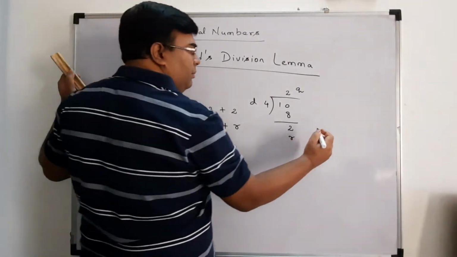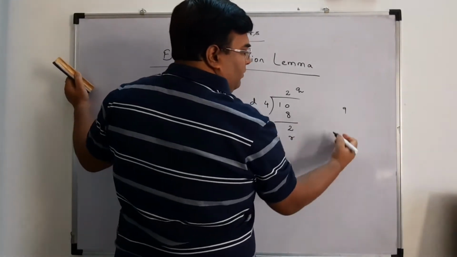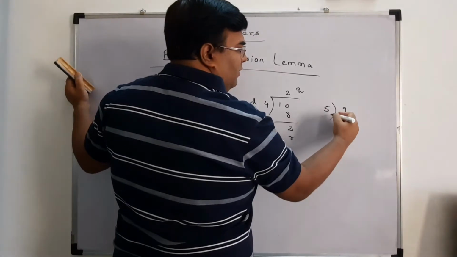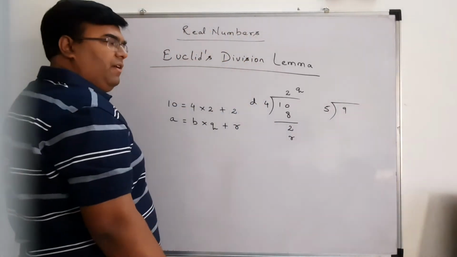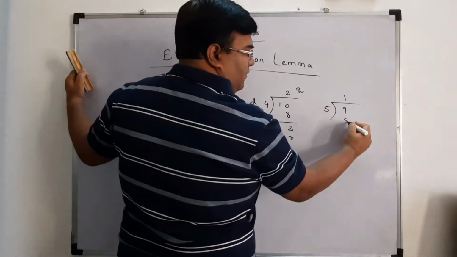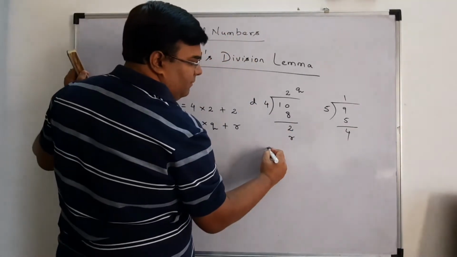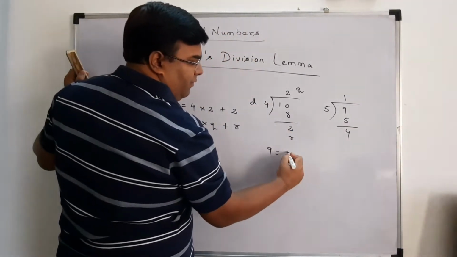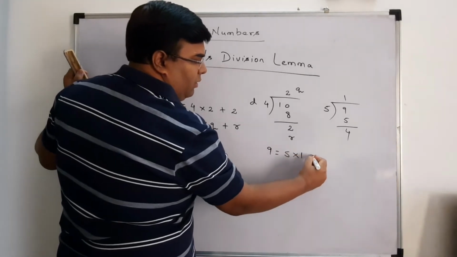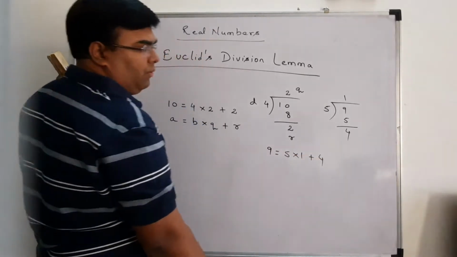I am taking another example. Let's say 9, divided by 5. 5 ones are 5. So we can write 9 as 5 multiplied by 1 plus 4.